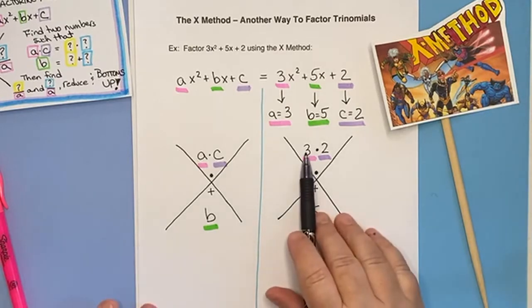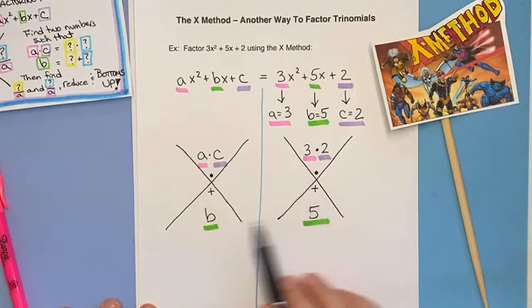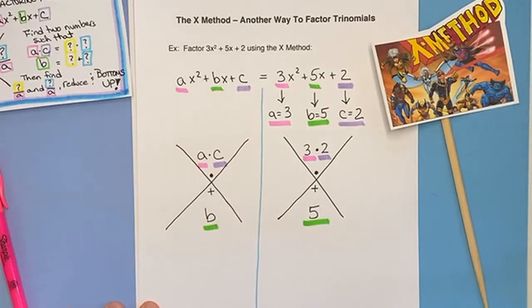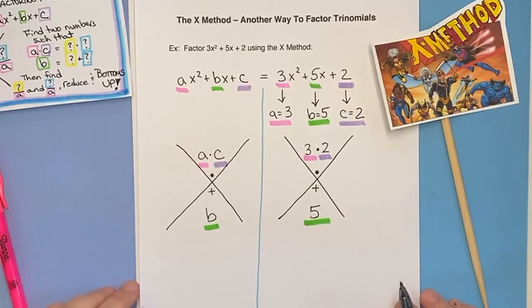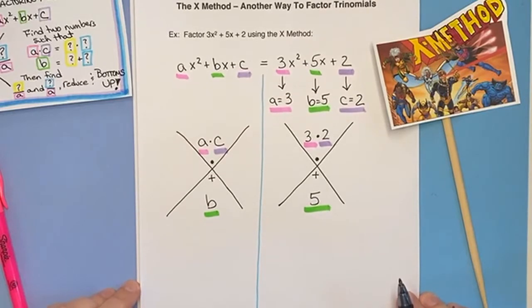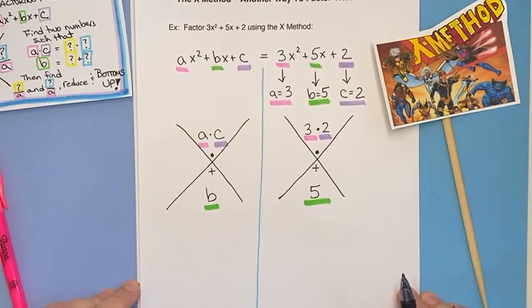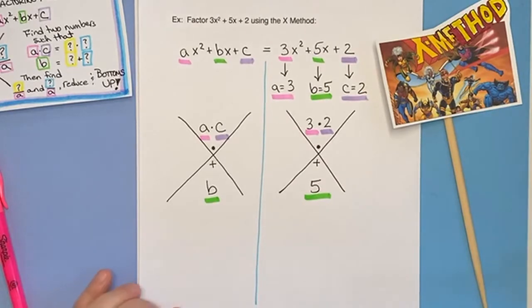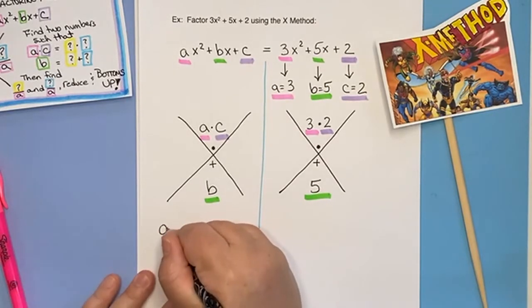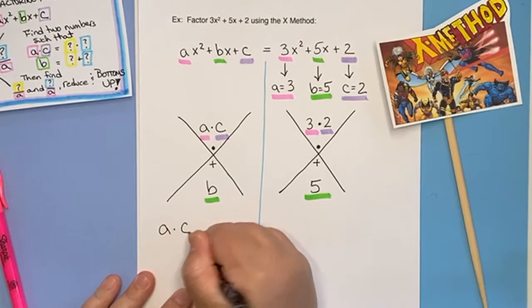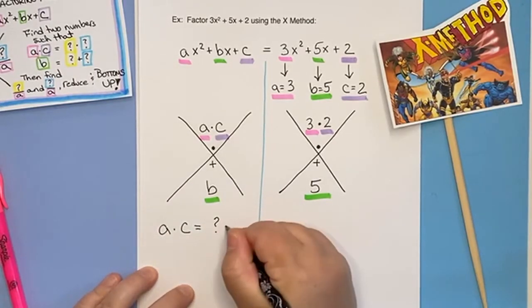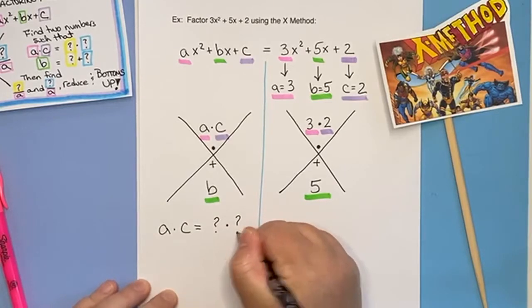Okay, so I've got 3 times 2 up top and 5 in the bottom with these inexplicable plus, multiplication and plus. And then we've got a couple of things which are true. What is true? Well, we're going to go ahead and set up these formulas. A times C equals a question mark times a question mark.